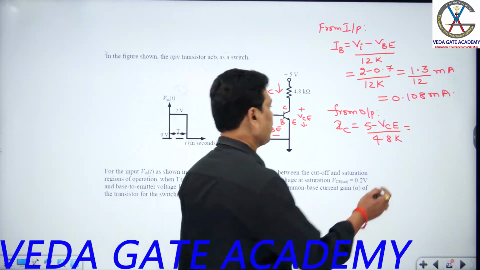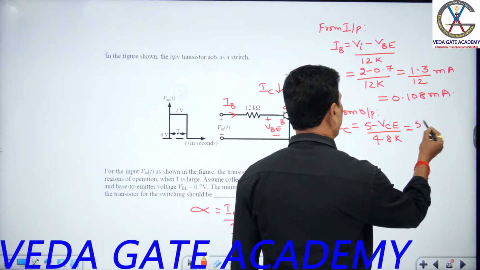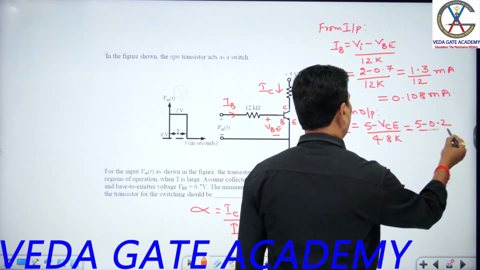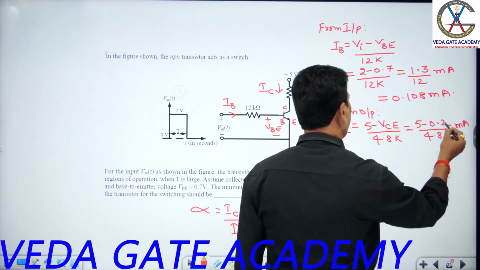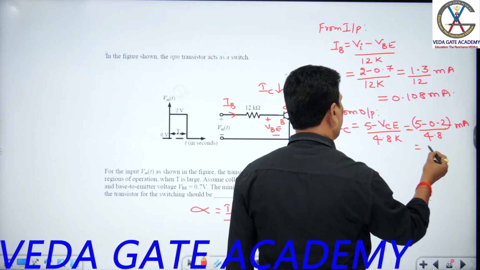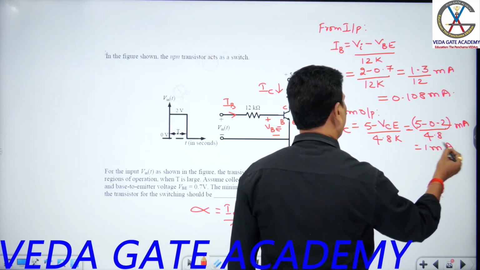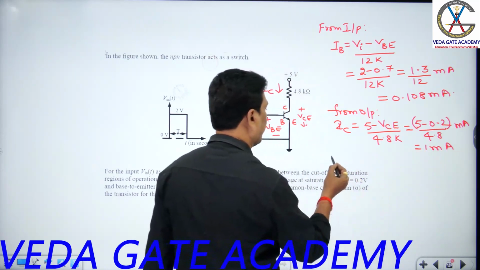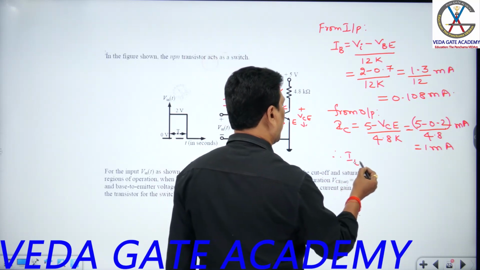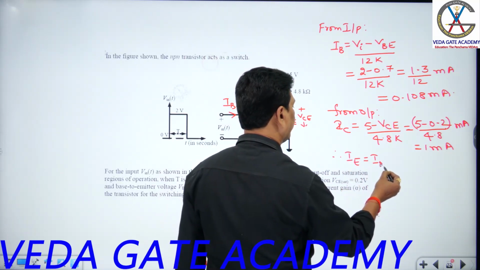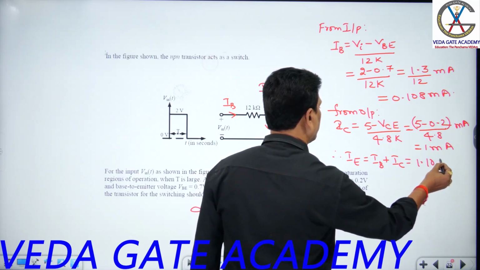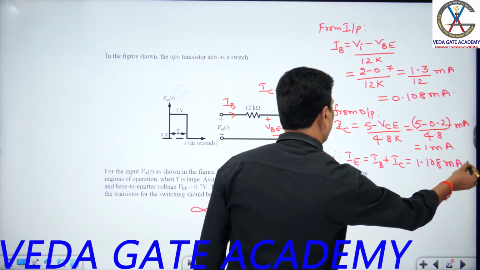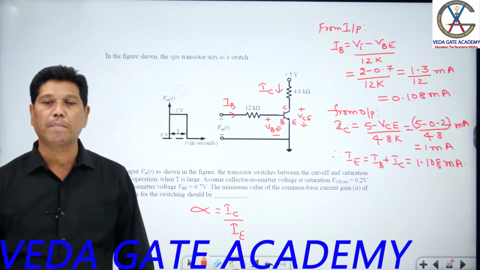So 5 minus 0.2 by 4.8K. Taking K to the numerator it becomes milli. 4.8 by 4.8 becomes 1 milliampere. Thereby I calculate IE now. IE equals IB plus IC, so that equals 1.108 milliampere.